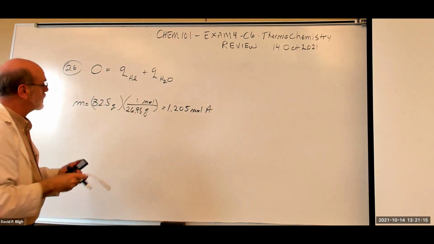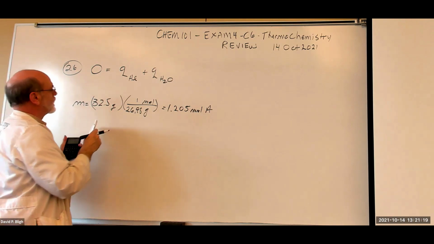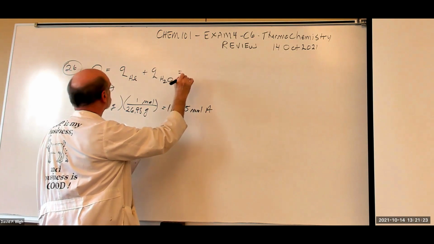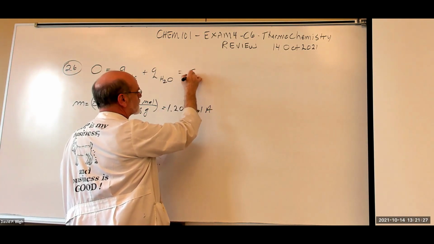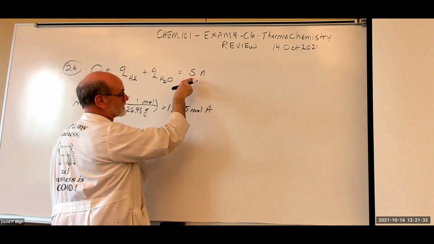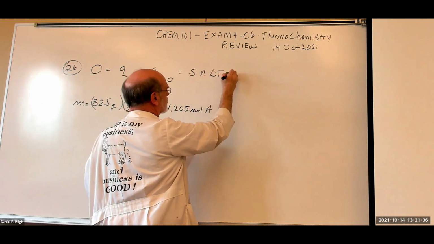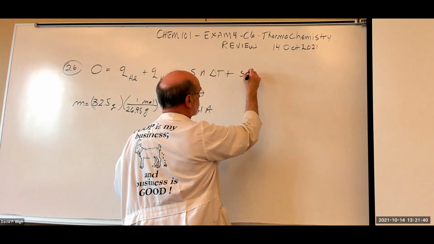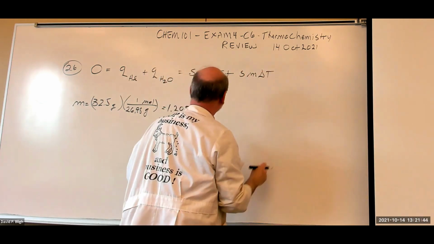So now we can set up our problem. All right. So let's do it over here. The Q for aluminum is going to be the specific heat capacity for aluminum times the mole, actually the molar heat capacity for aluminum, times the moles, times the change in temperature, and then add that, the specific heat capacity of water, times the mass, times the change in temperature.